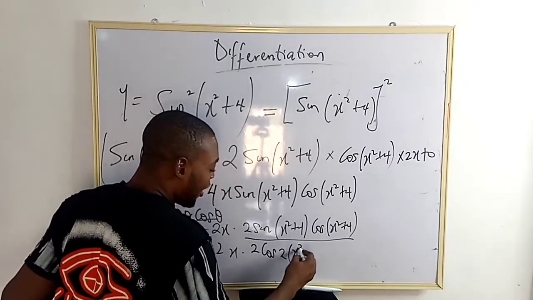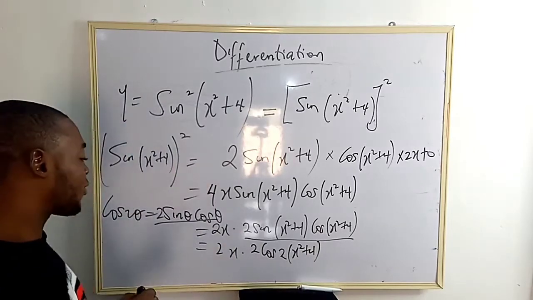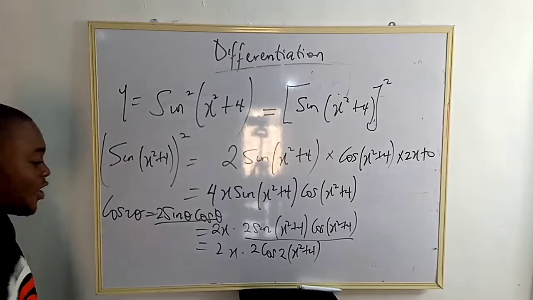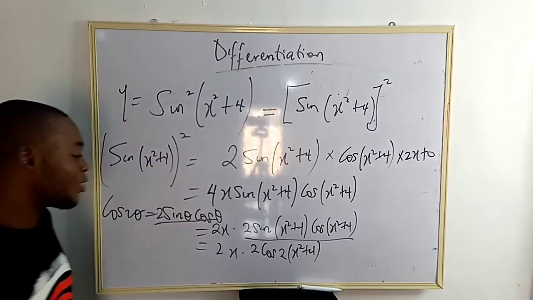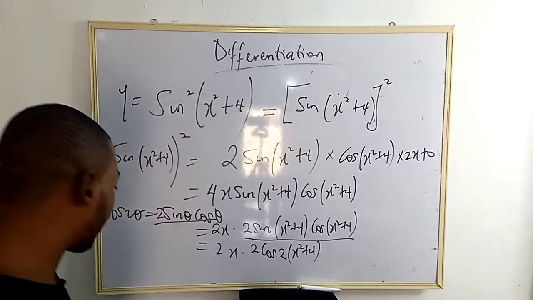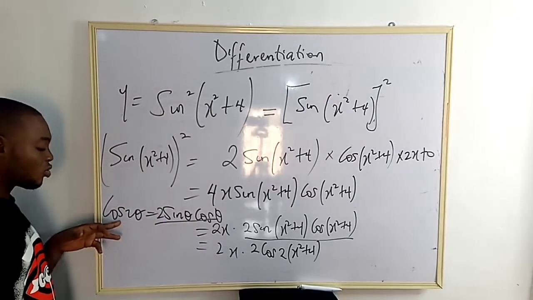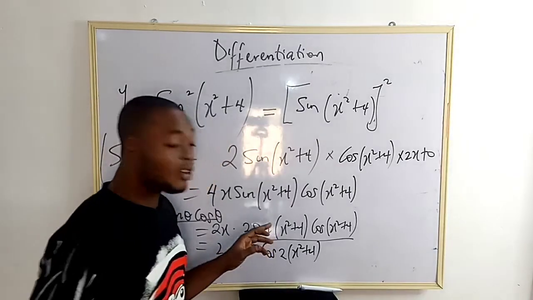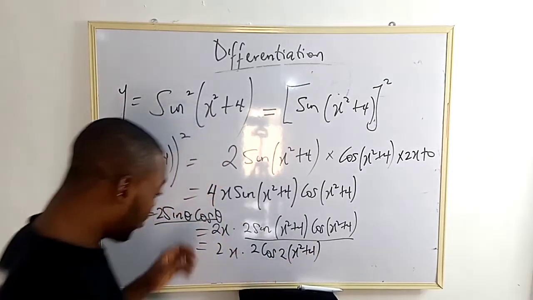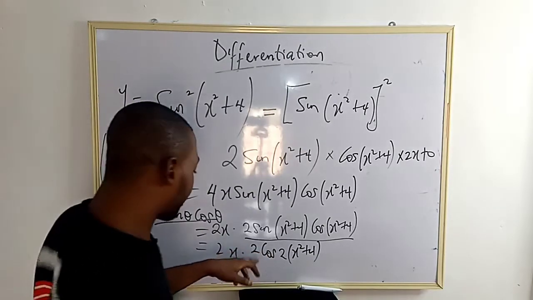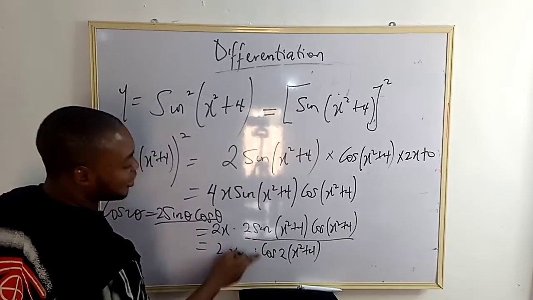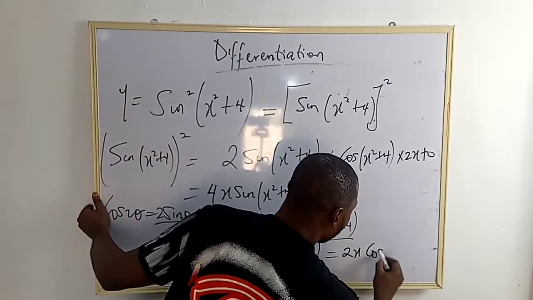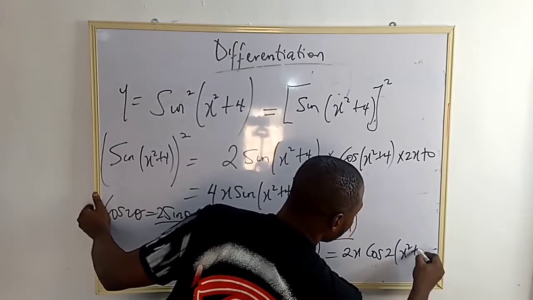In this case, x squared plus 4 represents our theta. So the answer will now equal 2x sin 2 into bracket x squared plus 4.